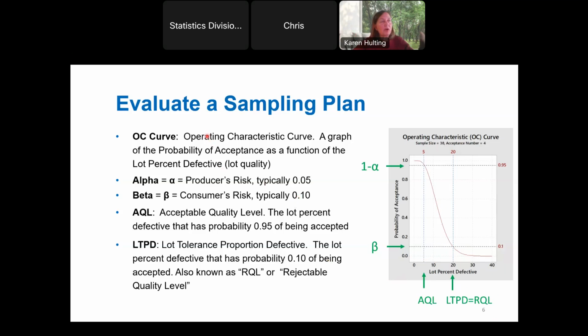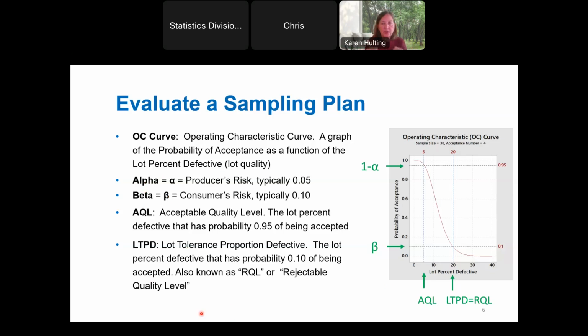Okay, so let's talk about all of this language over here, all the formulas and that sort of thing that are illustrated with this slide. The whole thing is called an operating characteristic curve because it tells us what's going to happen when we use this acceptance sampling plan. The next two values here are alpha and beta, and those are risk probabilities.